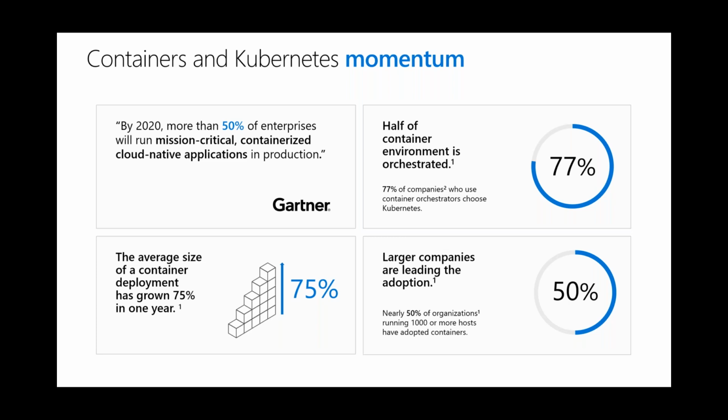Gartner expects more than 50% of enterprises will run mission-critical containerized cloud-native applications in production this year. So we're expecting to see that as industries continue to modernize their apps, they'll be moving to container instances and Azure Kubernetes service as they're doing so.